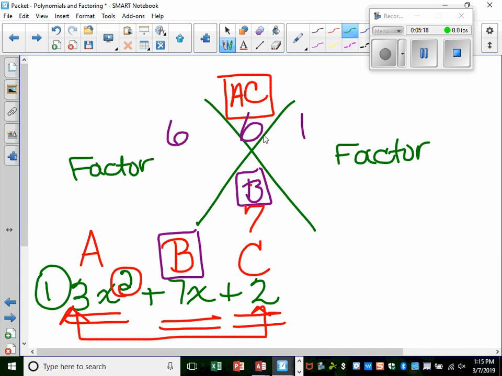We got it, 6 and 1. Now, once you have your factors, you divide your factors by the A term. My A term I already know is 3, and I'm going to divide both of these numbers by 3.